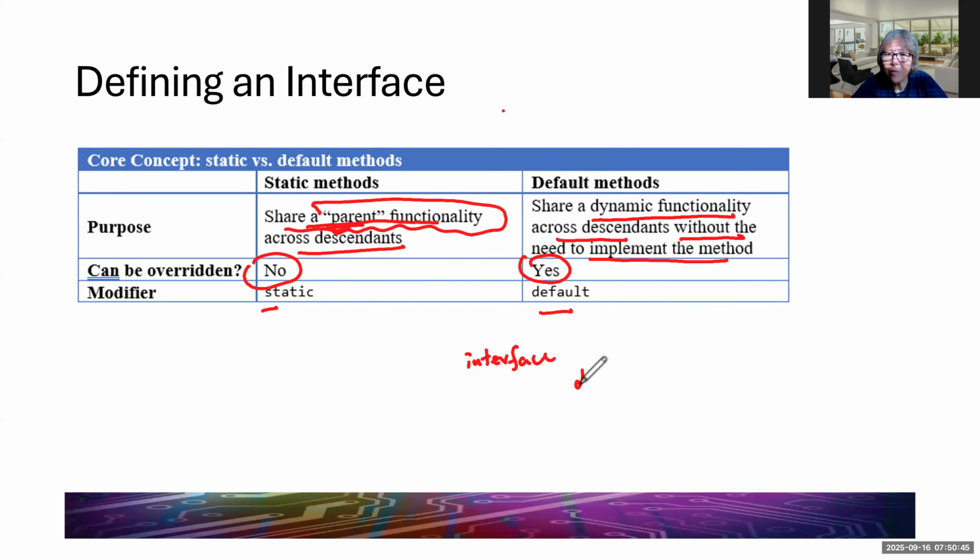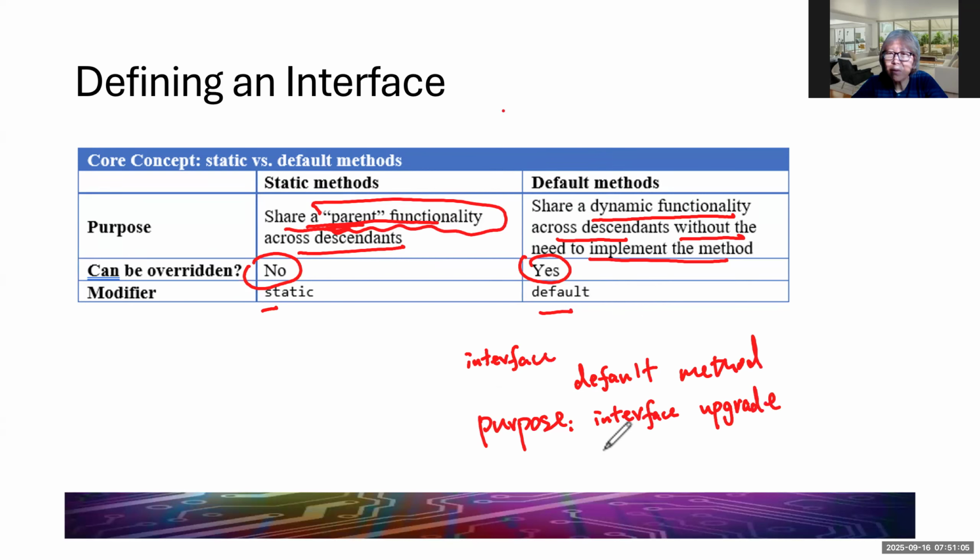And generally speaking, for an interface, the purpose of having the default method is to provide more flexibility for interface upgrade. Because sometimes when you first design an interface, you provide a set of methods.